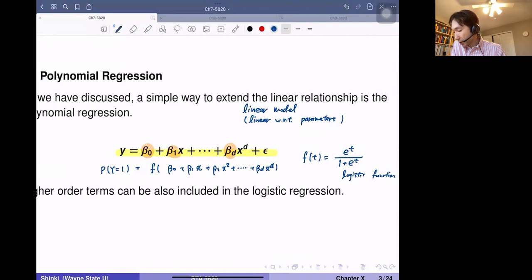You can also think about it this way: we have x, x squared, x cubed, up to x to the power d. We can say x itself is x1, x squared is x2, and so on up to x sub d. Then this is just a multiple linear regression model with d variables. And for logistic regression, the same thing applies.